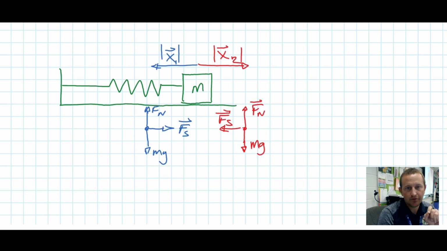So the direction of the displacement and the direction of the force vectors with springs is always opposite. Basically what we'll find out is that the spring force is a restoring force.